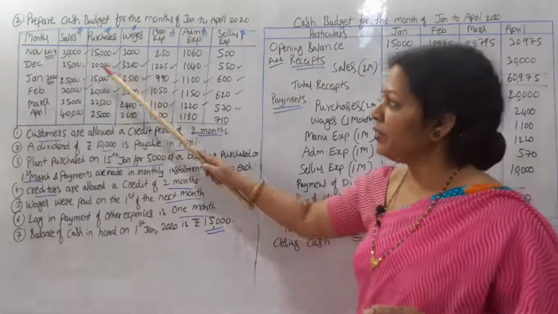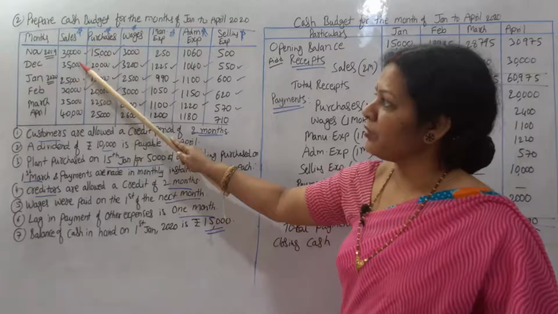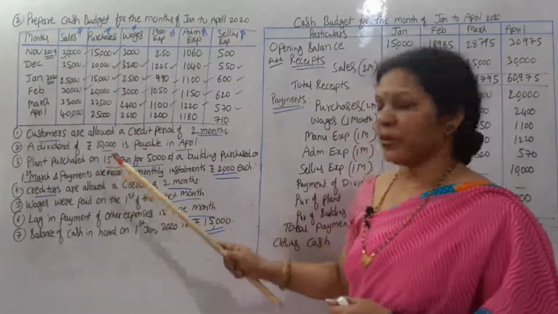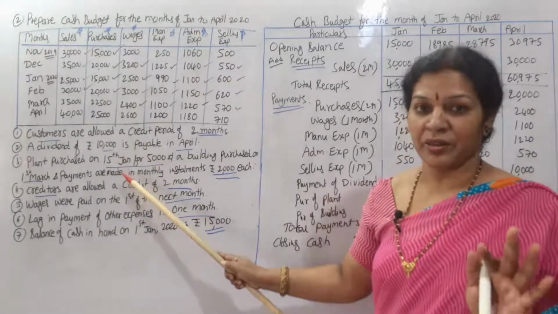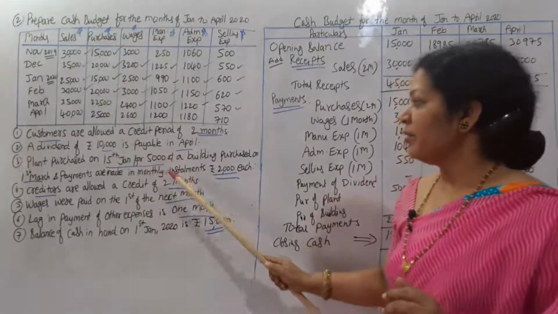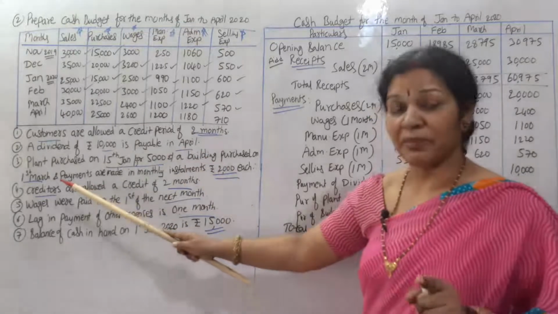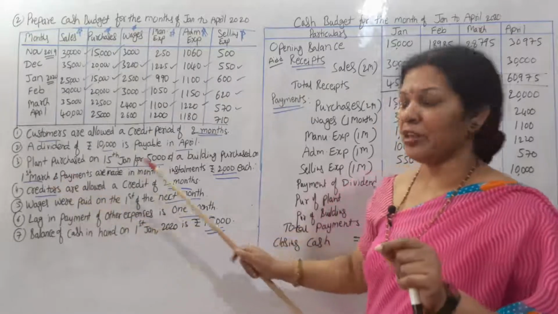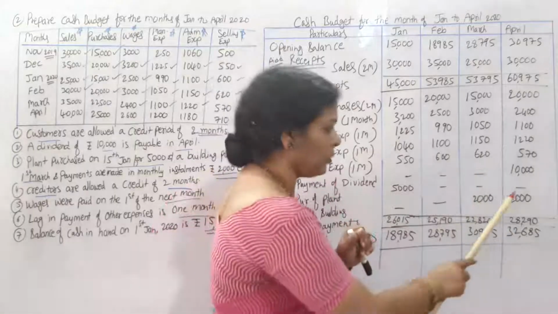So we have paid 30,000 in the month of January, 35,000 in the month of February, like 2 months delay. And also plant purchased, we have paid payment in the month of January only, not anything else. And also there is a purchase of building, but that building payment will be from the month of March. Every month you have to pay 2,000. So March and April we have paid 2,000.